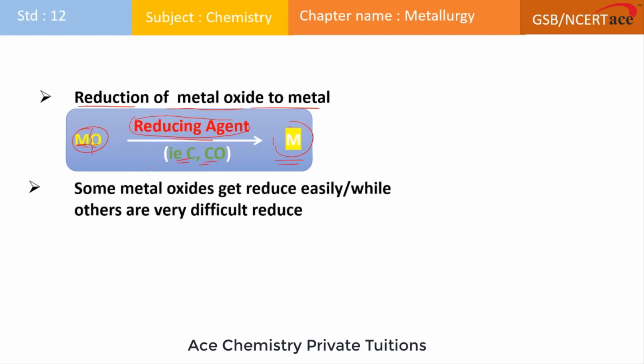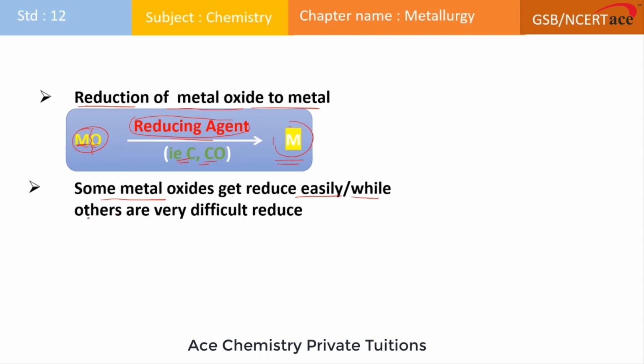during this process, you will find there are certain metals which can be reduced easily with heating. Some metal oxides get reduced very easily, while if the metals are very reactive, they are not ready to lose this oxygen easily even after using a reducing agent.